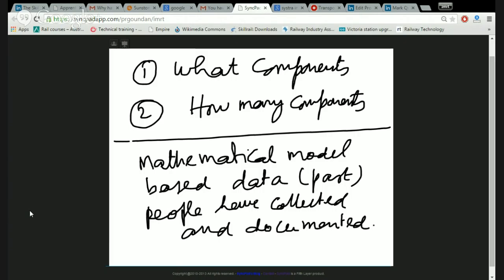If I take a capacitor, what is the reliability of a capacitor, or the lambda of a capacitor? I don't know, because I'm just designing with a capacitor. I don't know the lambda, the reliability, and the failure rate. I have no idea.